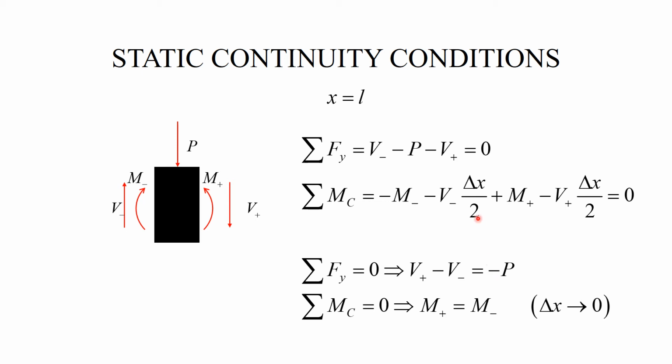Now, if I look at the moment equilibrium equation and set delta x to be small, I conclude that m plus is equal to m minus, which I can say is that the moment is continuous at this point, or I can say that the jump in the bending moment diagram is equal to 0.